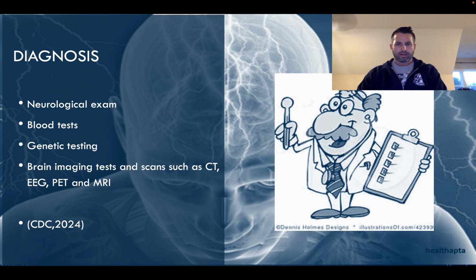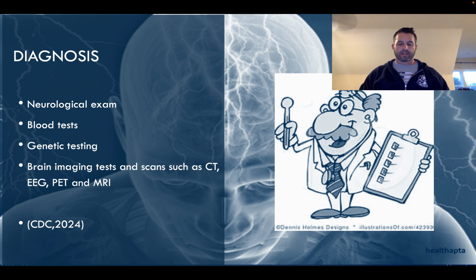Usually they do a CT scan along with the PET scan. The CT scan looks for more like tumors or cysts that could cause these seizure-like activities. However, I think it was only like 30% that you can tell from a CT scan.